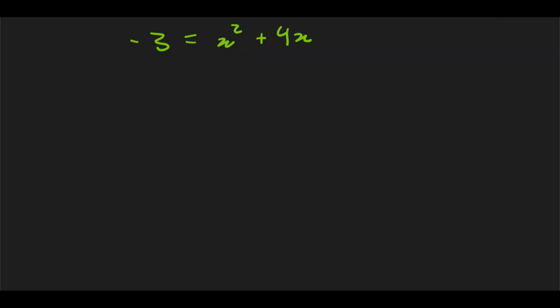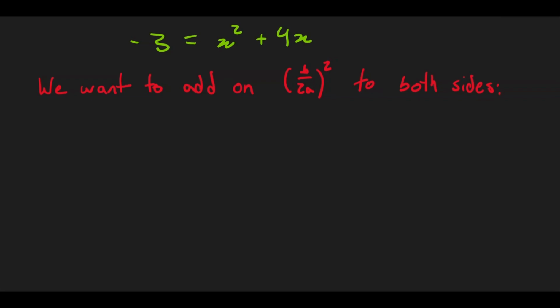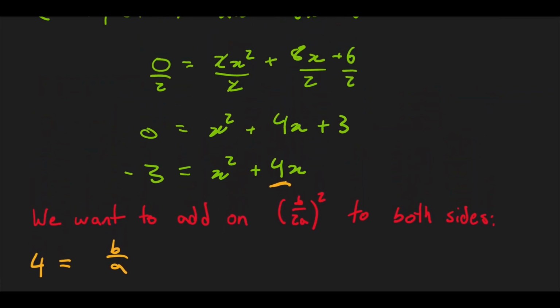Awesome. So now we want to add on b over 2a, squared. So if you'll notice, this 4 here is actually already equal to b over a because we divided b by a.